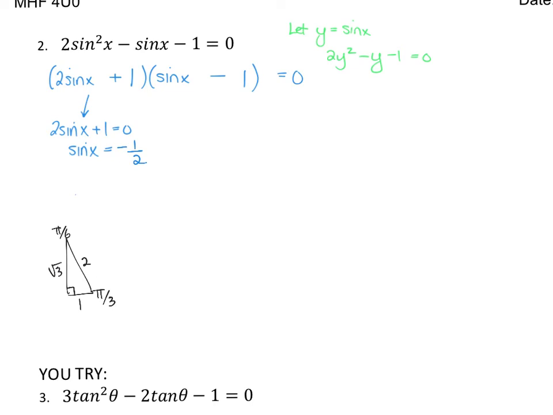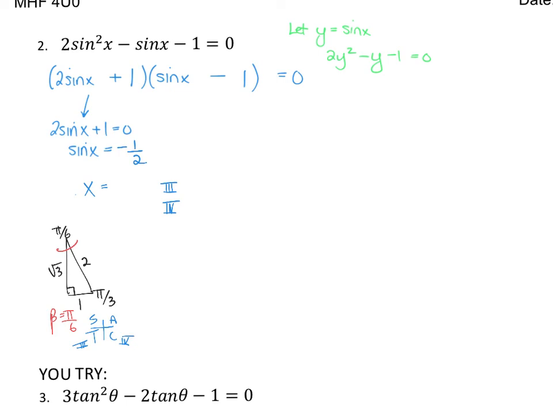So if I'm dealing with sine, then I'm looking at pi over 6, right? So pi over 6 is my related acute angle, my beta if you like, for sine x equals a half. But since I'm dealing with negative a half, I know that I want the quadrant 3 answer and the quadrant 4 answer according to the CAST rule, right? That's where sine is negative, in quadrant 3 and quadrant 4.